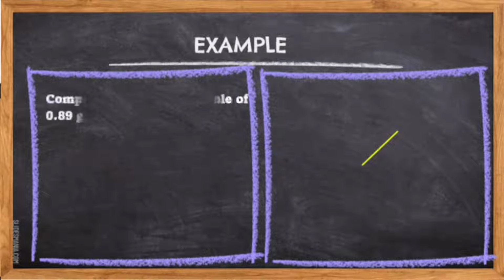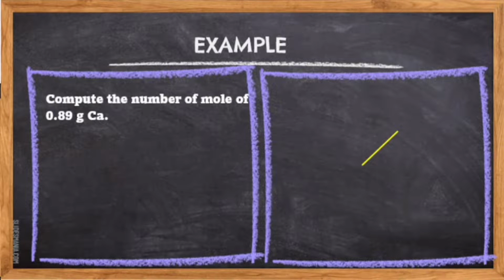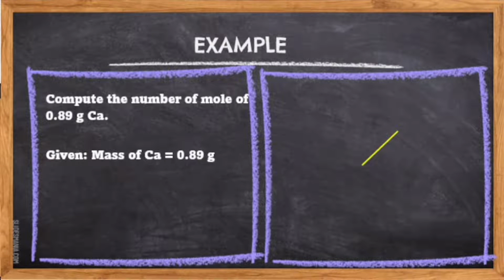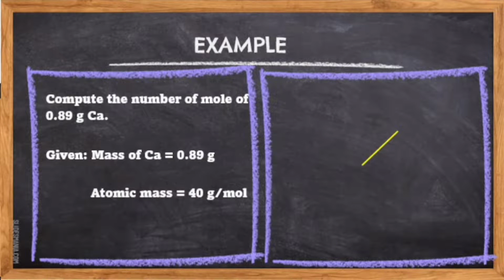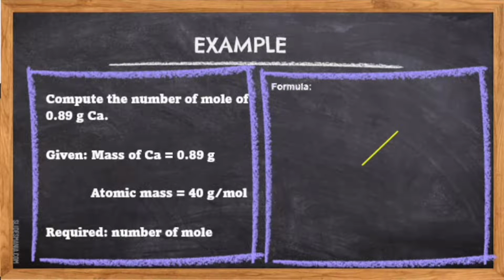Let's have an example. Compute the number of mole of 0.89 grams of calcium. So the given are, mass of calcium is equal to 0.89 grams. The atomic mass from your periodic table of calcium is 40 grams per mole. The required is the number of mole.